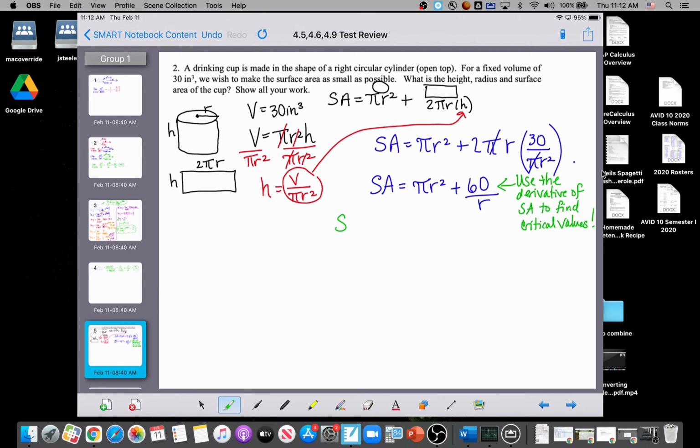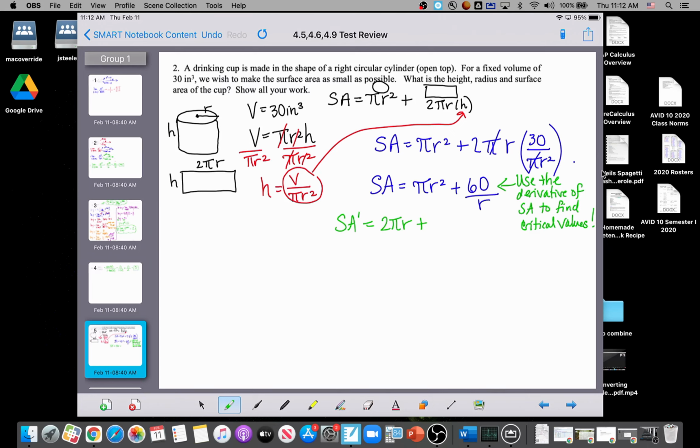So my surface area prime is going to be equal to, remember pi is just a number, so that's a coefficient on r squared. So if I bring down the 2, this just will be 2 pi r. And then for my second term, when I take the derivative of it, right now r is in the denominator, so it has a -1 power.